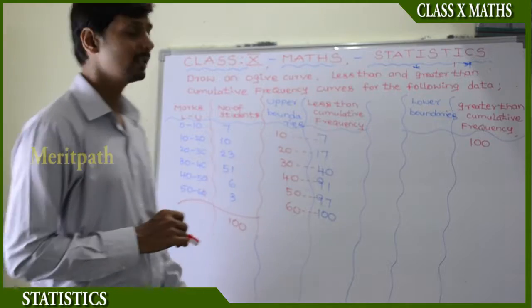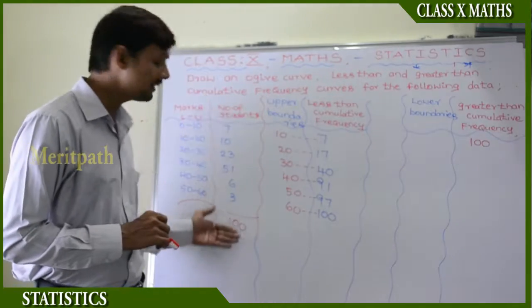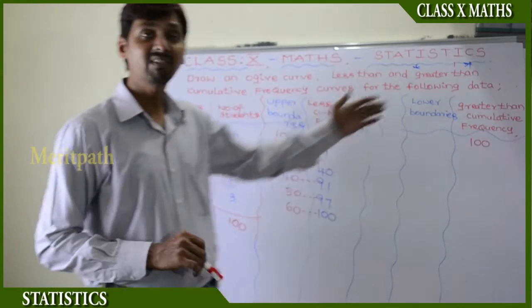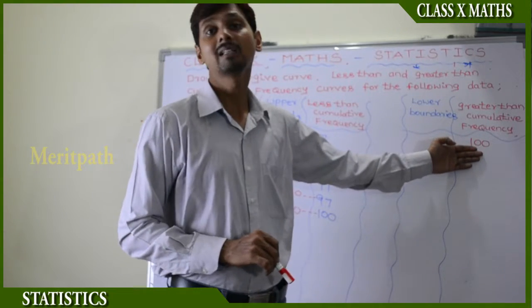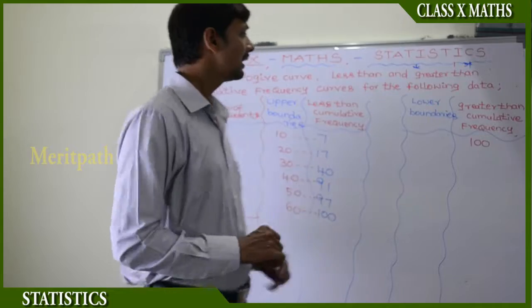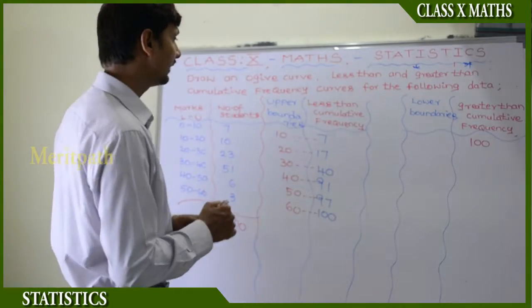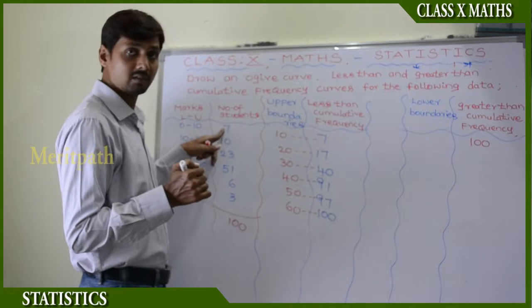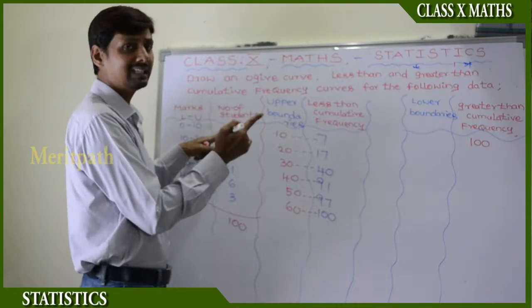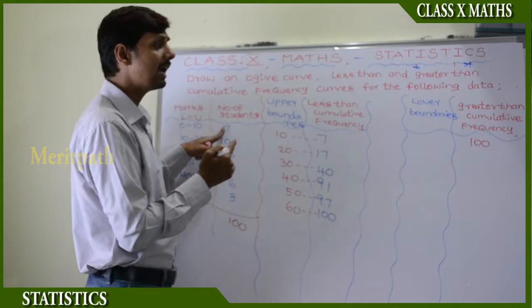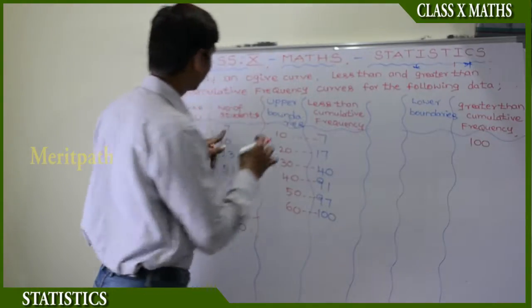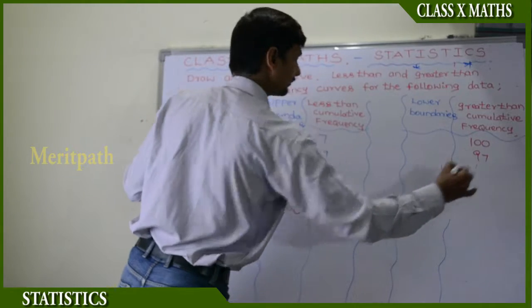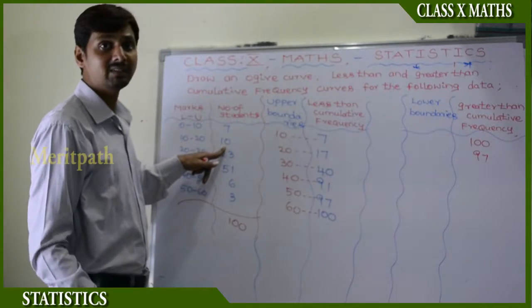To find the next frequency, we subtract the first frequency: 100 minus 7 gives 97.